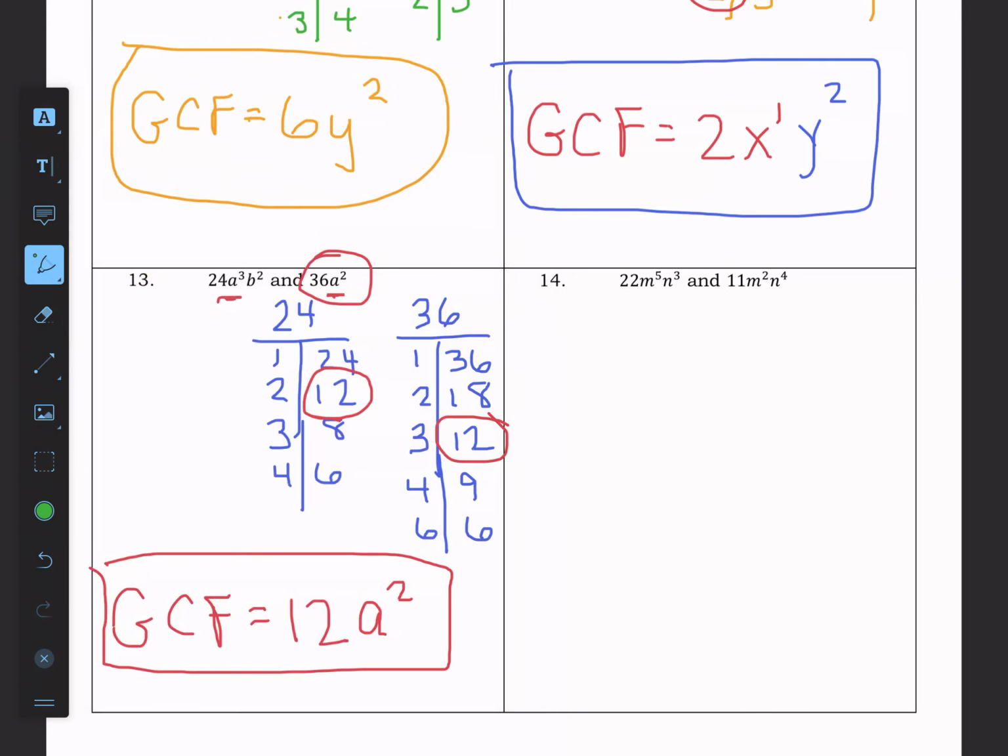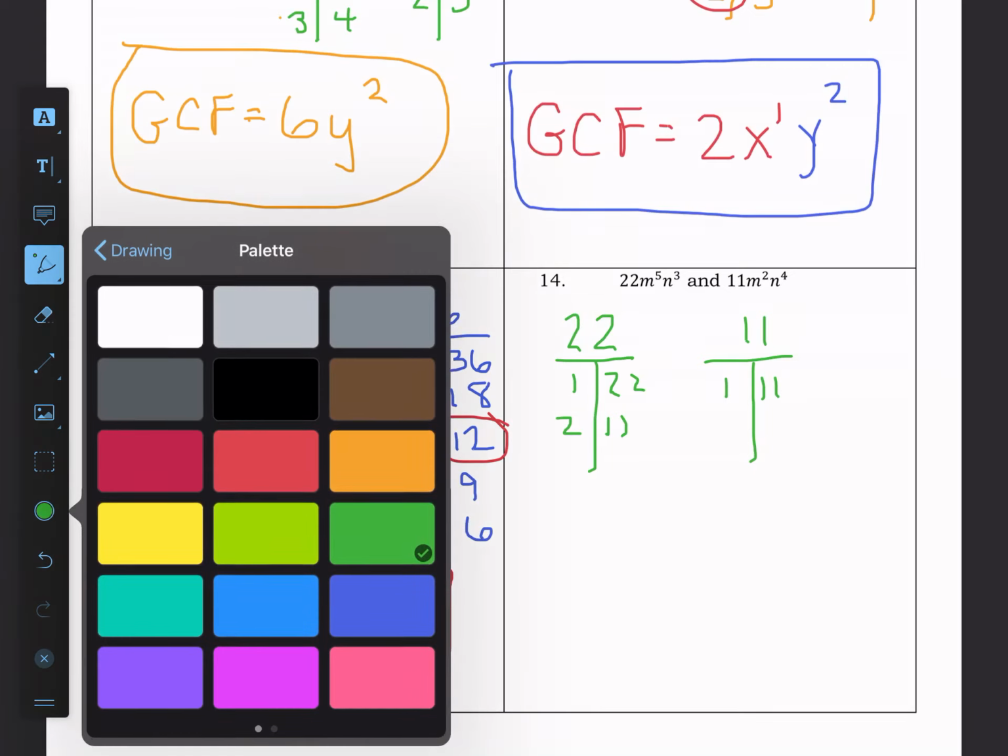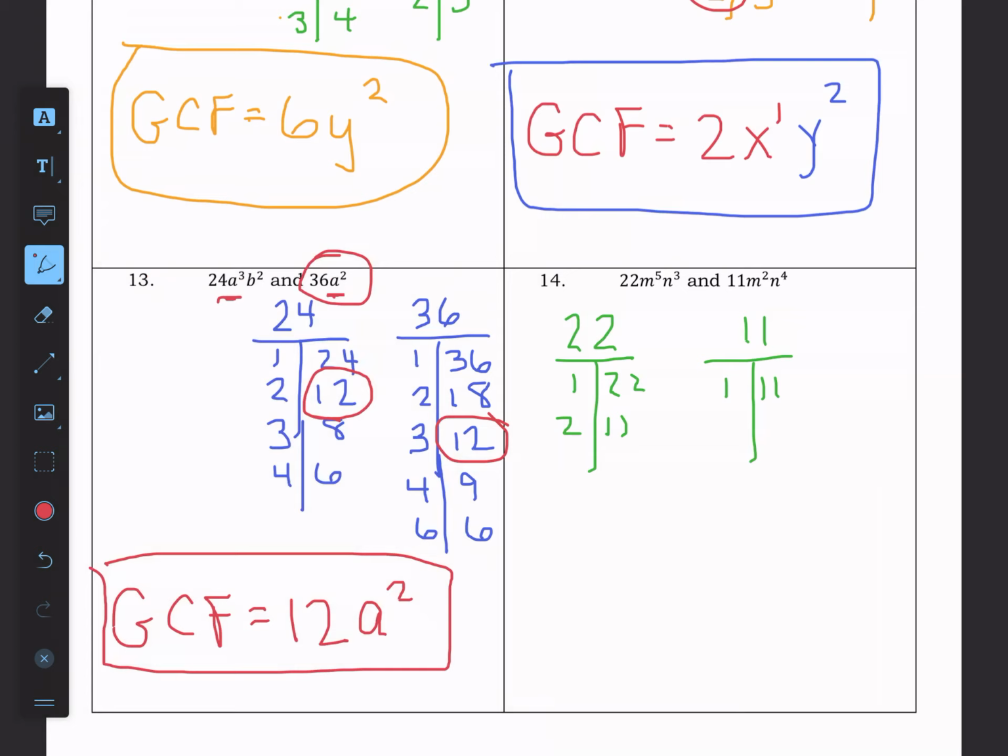We've got 22m to the fifth n cubed and 11m squared n to the fourth. So our factors of 22 are 1 and 22, 2 and 11. And our factors of 11 are 1 and 11. So the largest number that both lists have is 11.